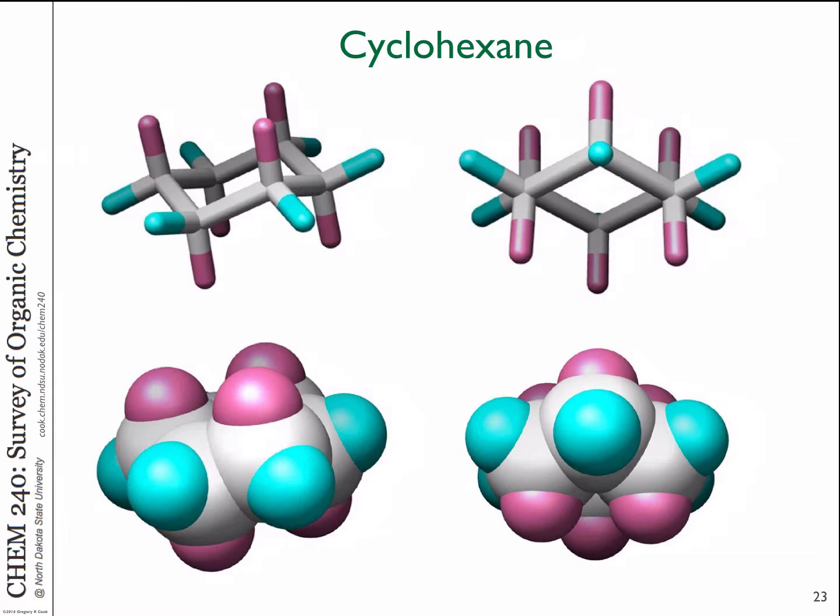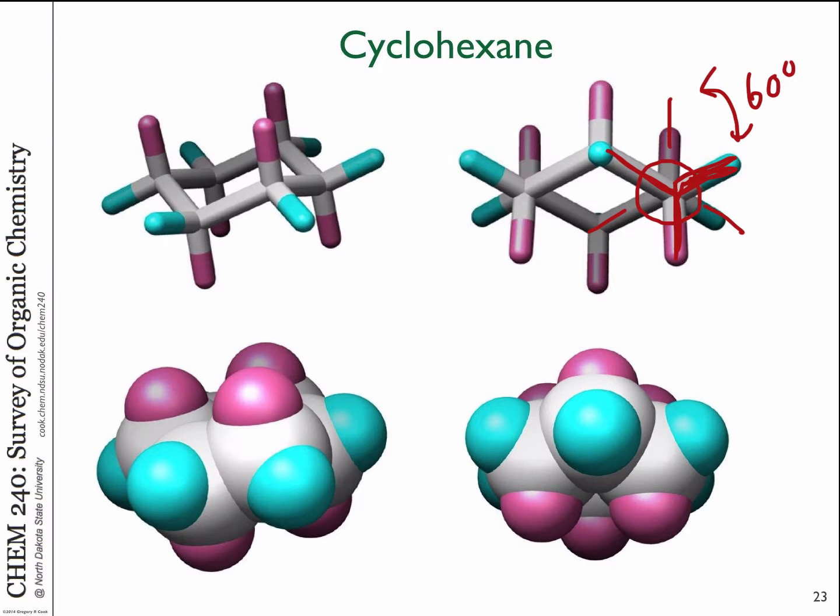If you look at the end-on view, the other thing you notice, looking down any of the carbon-carbon bonds on cyclohexane, and you could imagine this as a Newman projection, is that these are perfectly staggered bonds in the front and in the back. They're perfectly, from front to back, 60 degrees apart.